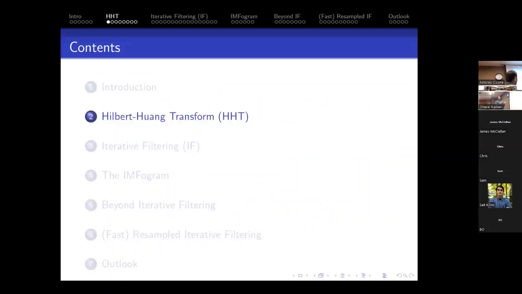Okay, so let's talk about the Hilbert-Huang Transform. What is the Hilbert-Huang Transform? Basically, it is the full package that, given a signal, does the decomposition and frequency analysis. We call it this way because they call it that way. Huang is for the decomposition part, and Hilbert is for the frequency analysis, as we're going to see.